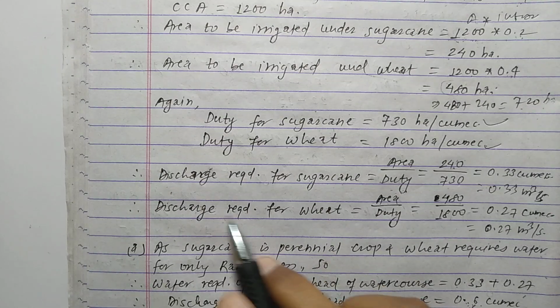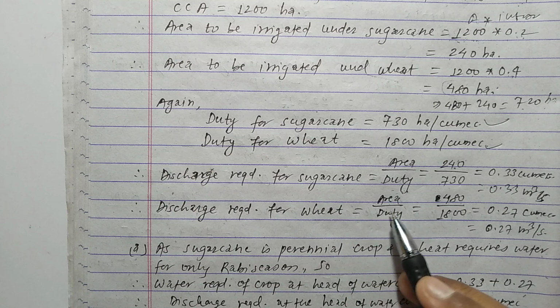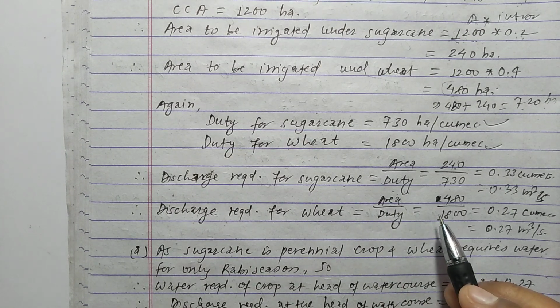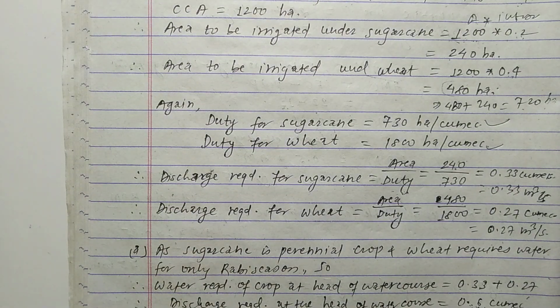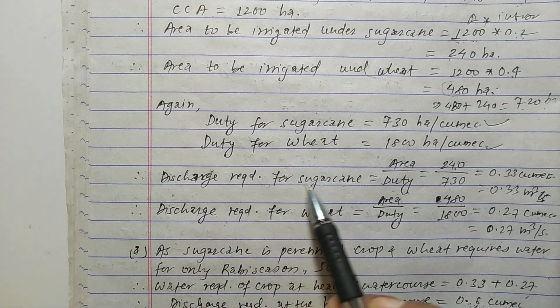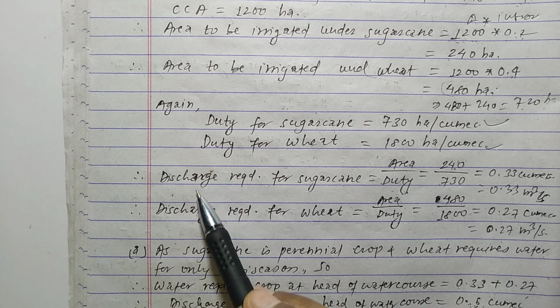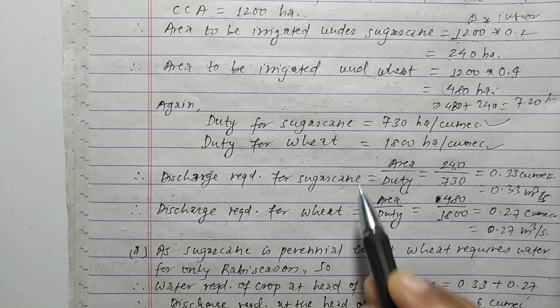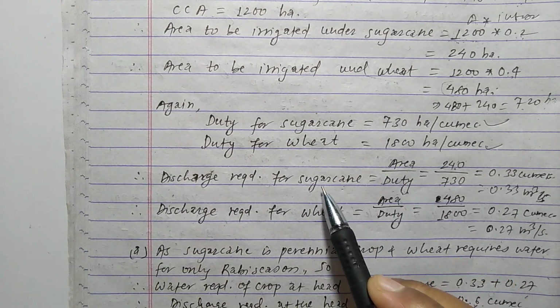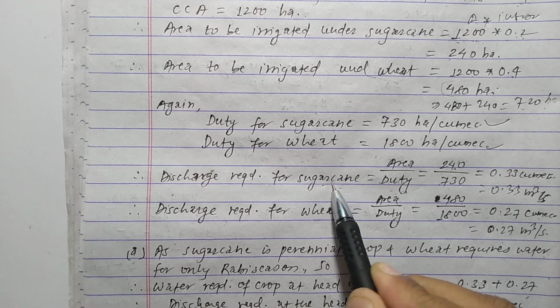Similarly, we have to calculate the discharge required for the wheat, equal to area by duty. Whenever we calculate discharge for the sugar cane, we have to take the area for sugar cane and duty for sugar cane.